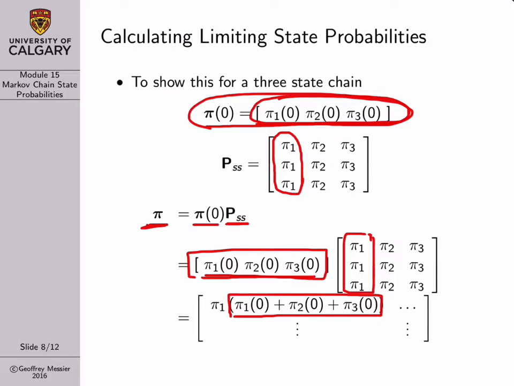So regardless of what we choose for the values in our initial state vector, this first element is always going to be equal to pi 1. And I shouldn't have shown dots here because the result of this multiplication is a vector. So it's going to be a 3-element vector where the first element is equal to pi 1, the second is equal to pi 2, and the third is equal to pi 3.